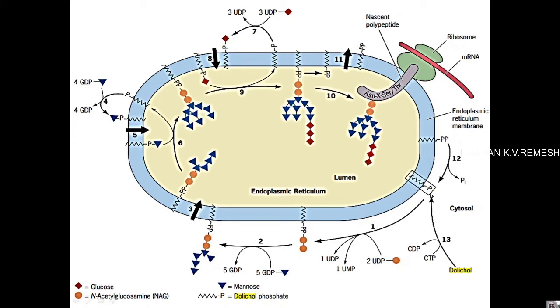Actually, this is happening in a particular pattern, because N-acetyl glucosamine is transferred at first, and after that one more molecule of N-acetyl glucosamine. So two molecules of N-acetyl glucosamine join to the phosphate group of the dolichol phosphate.